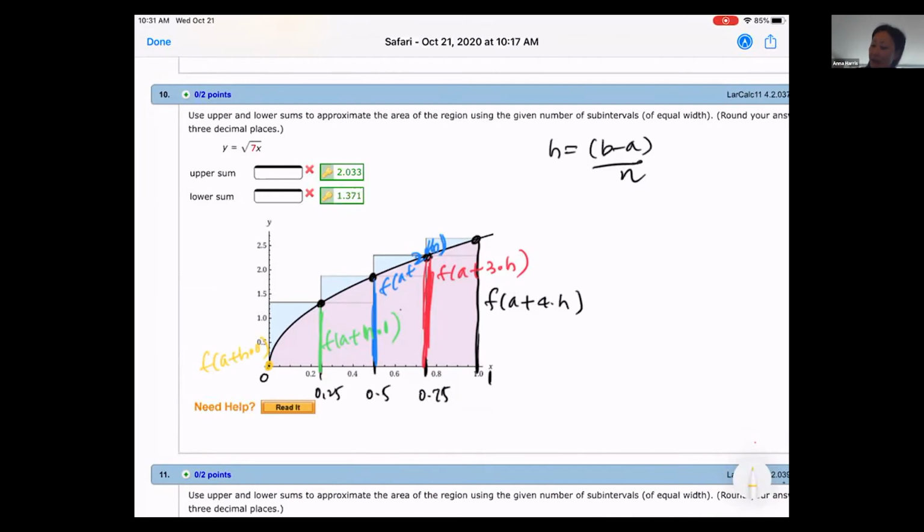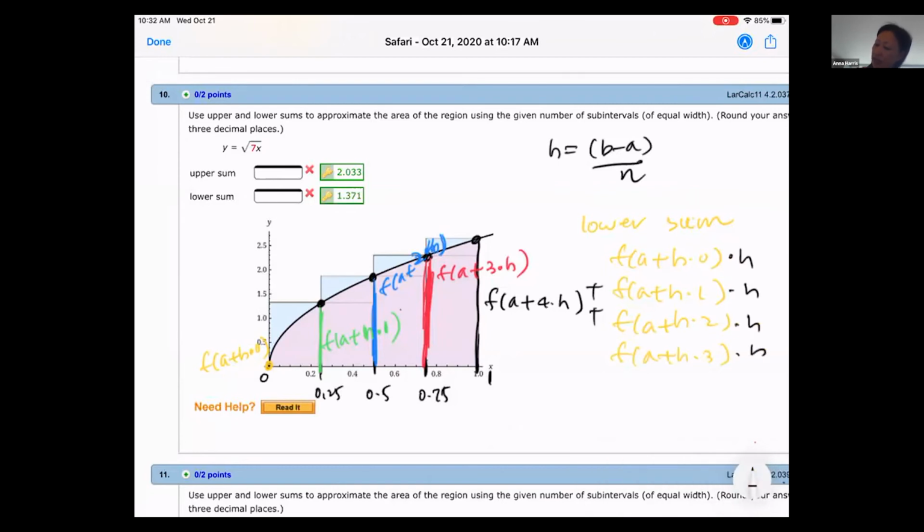So when I use a lower sum, the lower sum gets f of a plus h times 0, f of a plus h times 1, f of a plus h times 2, f of a plus h times 3. You add them, of course multiplied by h.